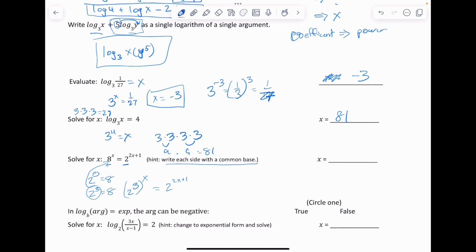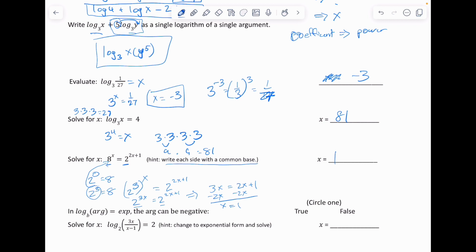When you have an exponential that is brought to a power of another number, that actually ends up just being multiplication. So that's 2 to 3x equals 2 to x plus 1. When the bases are the same, you can kind of ignore it. So that just becomes 3x equals 2x plus 1. Minus 2x, minus 2x, x equals 1.